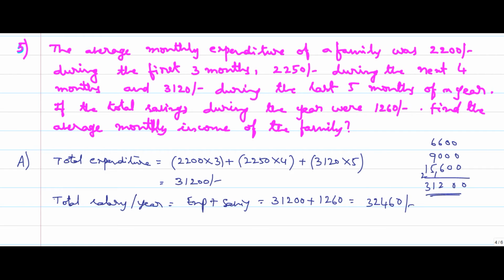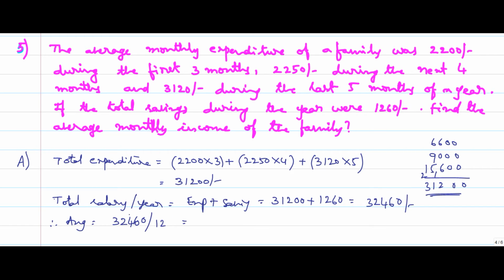Yeah, this is the total salary he is getting. So therefore average salary is equal to, this is the total salary throughout 12 months. So this is the sum of the observations, that is 32460, and this will be divided by 12.